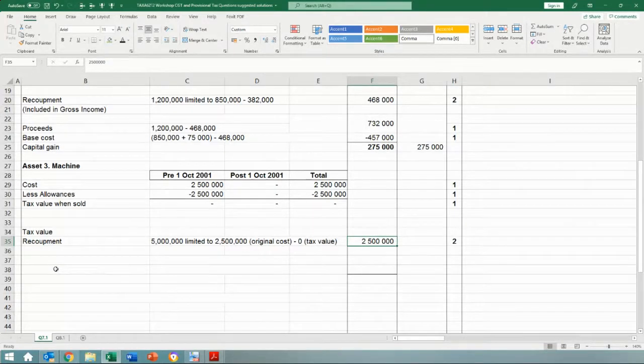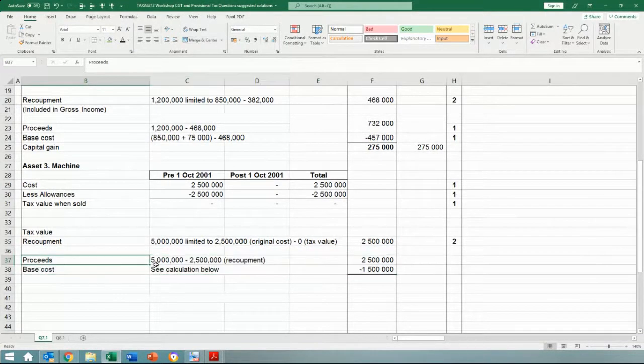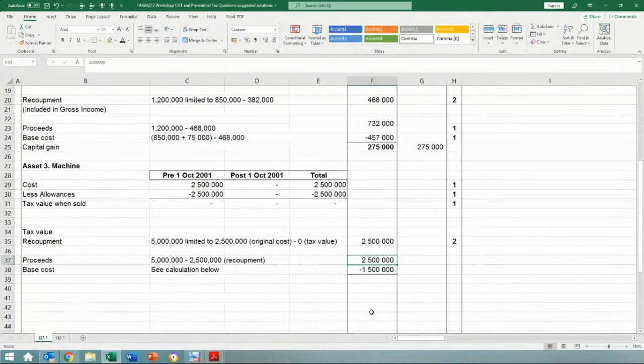But because this asset was acquired prior to 1 October 2001, its base cost would be calculated based on the rules. So we would adjust the proceeds only. So we take the proceeds, which is the 5 million, we deduct the recoupment amount to work out the new proceeds amount of 2.5 million.